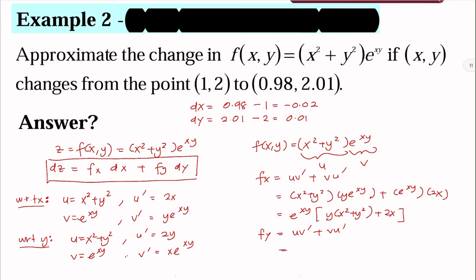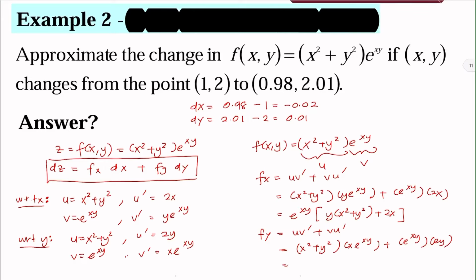So we substitute in u, again x squared plus y squared, v prime is x e^(xy), plus v is e^(xy), and u prime is 2y.